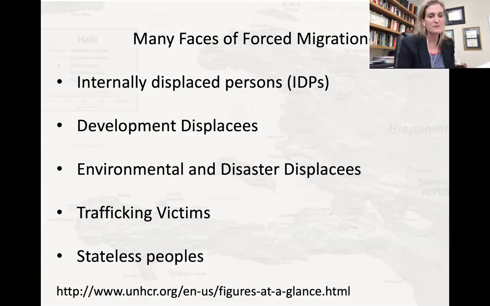I'm just desperate to work with students and do this work on my own to really think about drug trafficking organizations as a driver of forced mobility in Central America. This is part of the problem with the refugee regime: back in the 1940s and early 1950s, 1951, when the convention was written and the definition of refugee was written, there were not powerful criminal organizations like we have today.